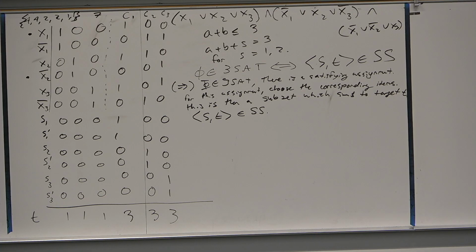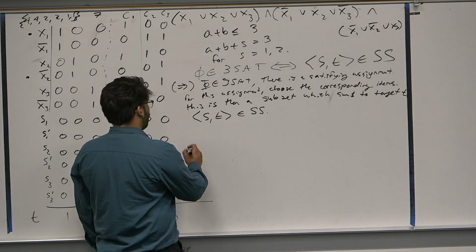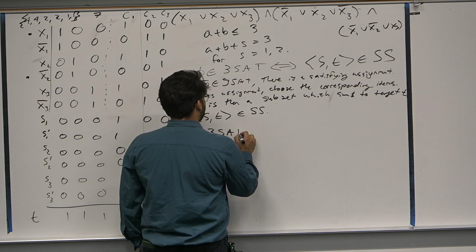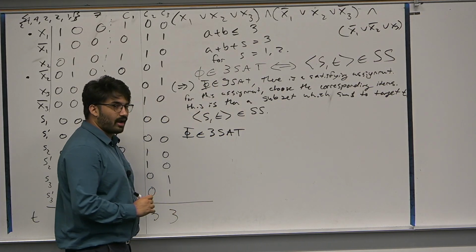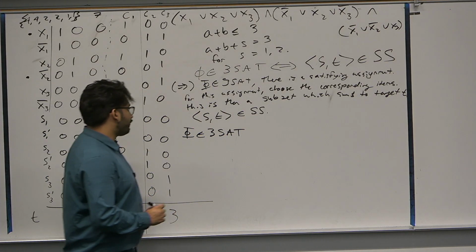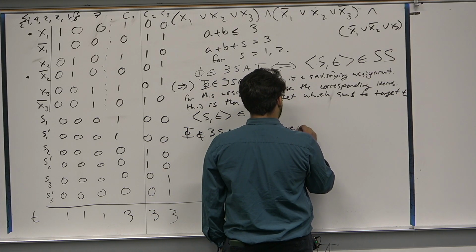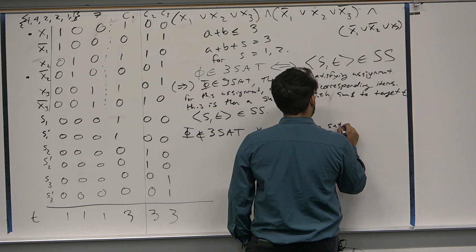Maybe for demonstration purposes, because we did Q implies P so many times, let's just do not P implies not Q. If phi is not in 3-SAT, we want to argue that there is no subset of items that can sum to the target T. If phi is not in 3-SAT, then there is no satisfying assignment.